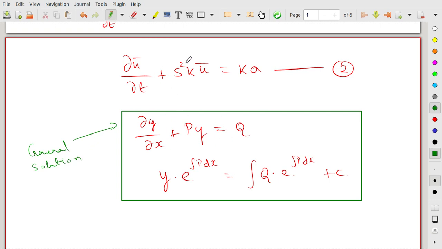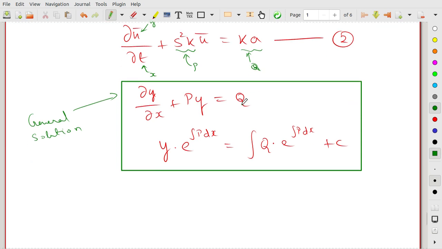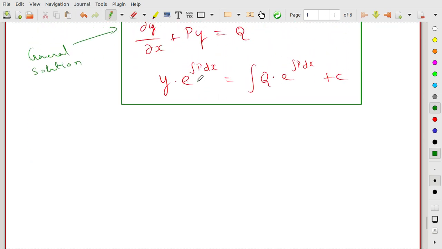If you look, our equation also looks similar. If we compare, we have t instead of x and u bar instead of y, and our p is nothing but s square k, and our q is nothing but ka. So let's try to form this.